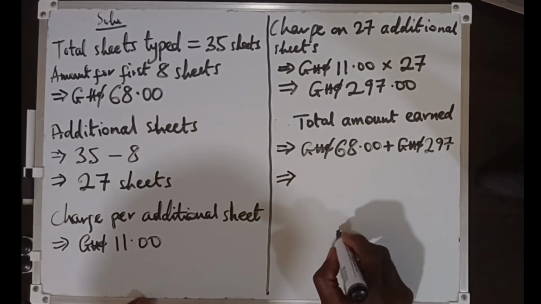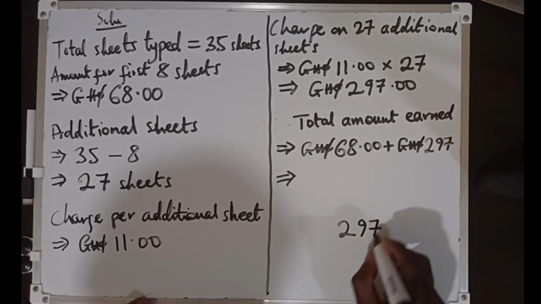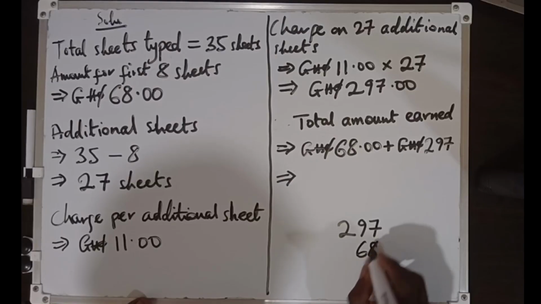So let's do our addition here. We can use this side as our jotter. 297 plus 68 cedis.